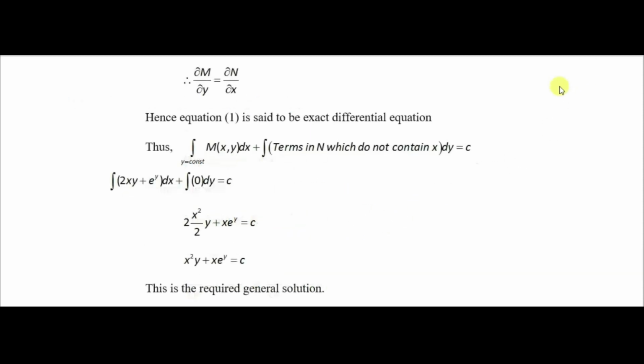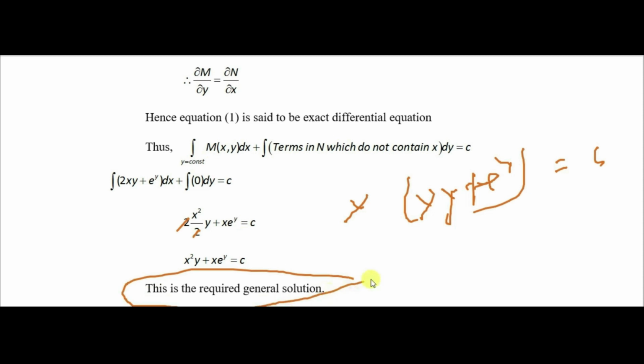If you observe N, in the first term x is present and in the second term x is also present, and we have to take only those terms where x is not present. Here there is no term where x is absent, so we take the value 0. So the second integration is 0.